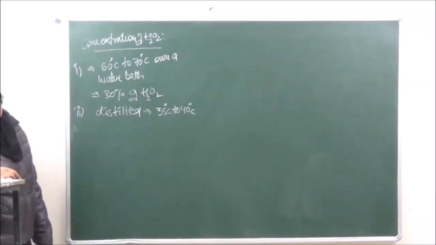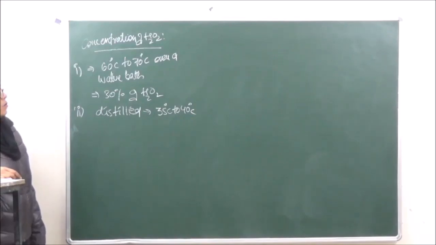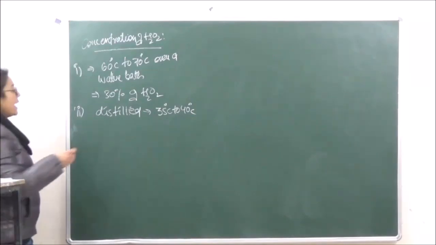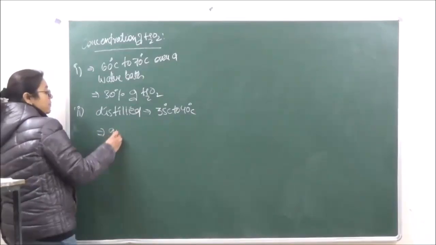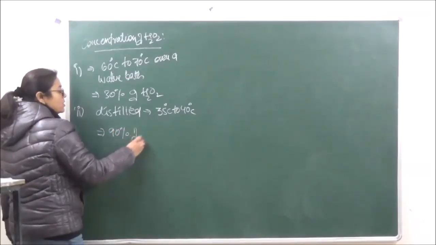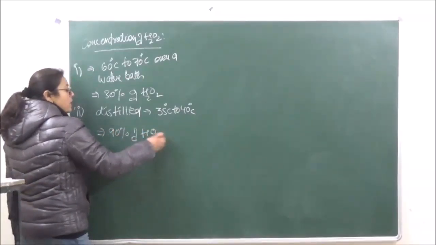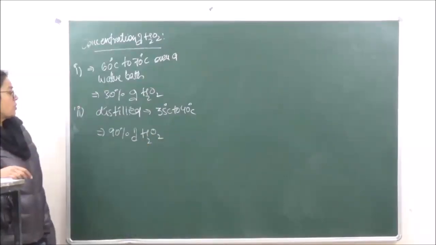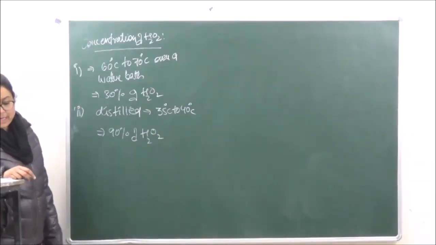Okay? Now after this, at 35 to 40 degree centigrade, we are going to reduce the pressure, as a result of which we get approximately 90% of H2O2. So quite a concentration of H2O2 can be obtained by the second method.